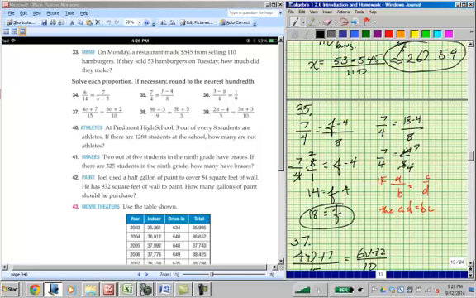Now, let me do this the way they're doing it in the book. I'm going to erase all this. 7 over 4 equals f minus 4 over 8. So we're going to do the means times the extremes. So 7 times 8 equals 4 times f minus 4. 56 equals 4f minus 16.